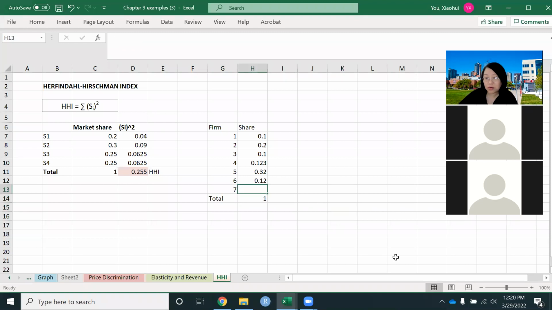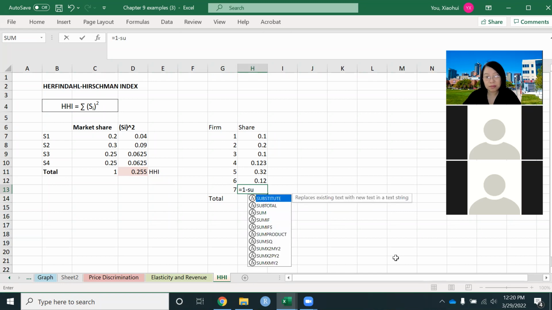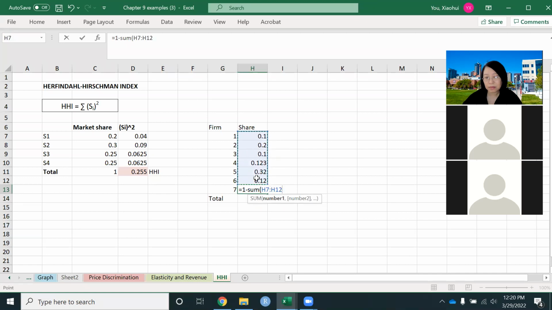Then how to calculate this one? Let me teach you the calculation. Equal to 1 minus sum. It doesn't matter whether you use a capital letter or small letter. Parentheses, select the values, add them together and enter.